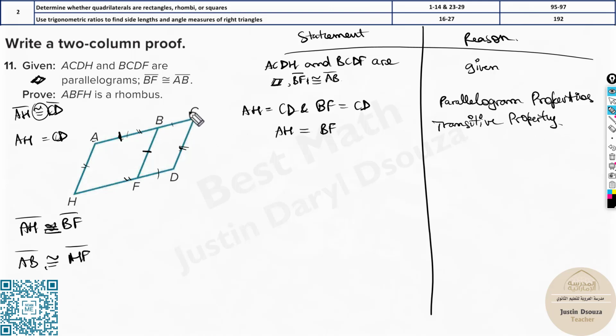Okay. And what next? Let's also do this one, BC and FD, right? See over here, like we did these vertical sides, now let's do the horizontal, the horizontally slanted ones. So over here we have AB, not AB, sorry, AB is not given. It's AC is equal to HD and BC is equal to FD. Now it's the same thing.